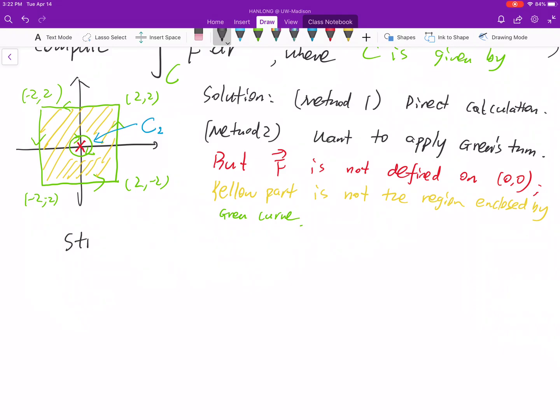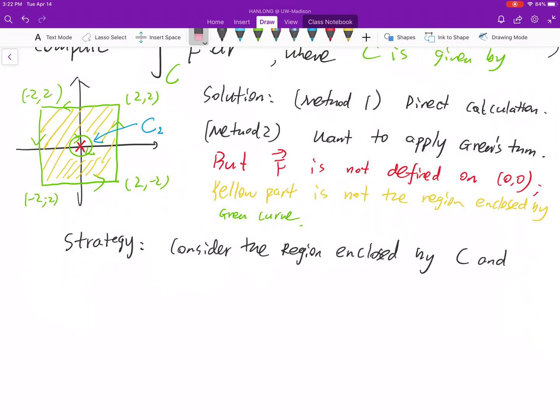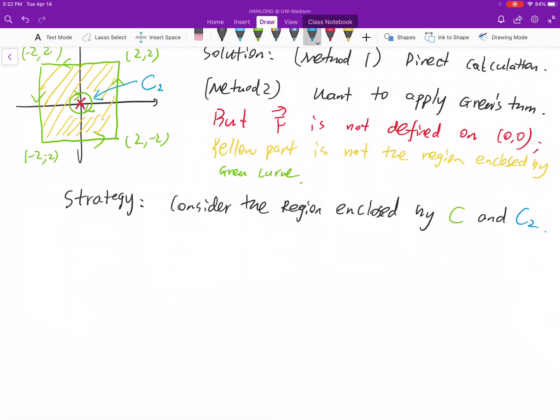So strategy, consider the region enclosed by C and C2. Okay, then apply the, so consider region, let me call it R. Now apply Green's theorem.